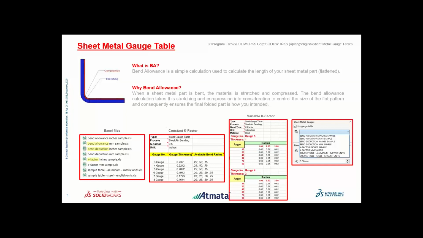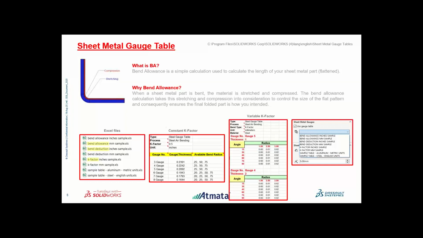With SolidWorks, we have Excel files which contain the bend data, and these have bend allowances. We have 2 units here: inches and millimeters. So we have the Excel file for bend allowances, bend deductions, and also the K factor. So you have a constant K factor.